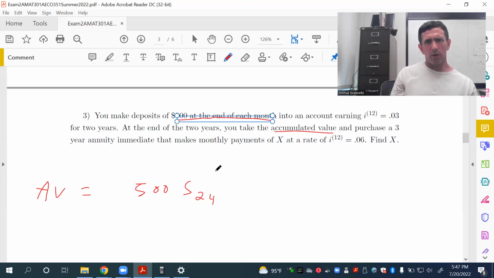All right, so monthly interest is 0.03 over 12. So it's 0.0025. J is the actual monthly interest. So it's 0.0025. Okay.